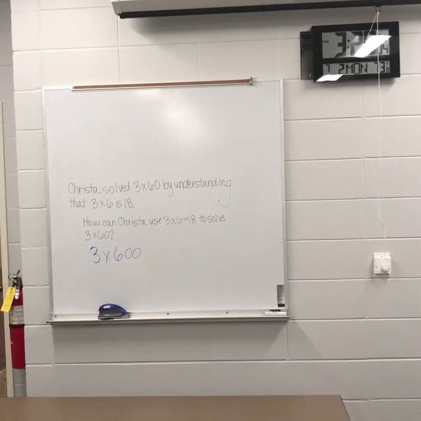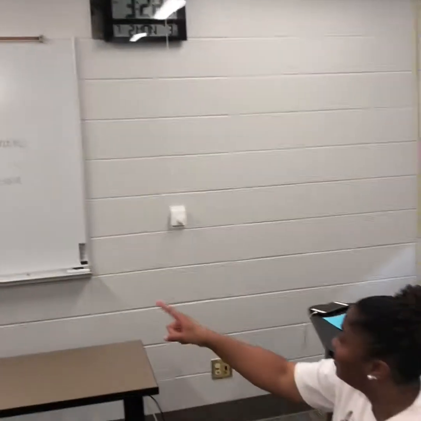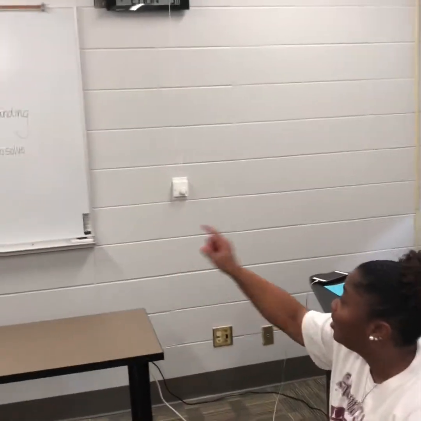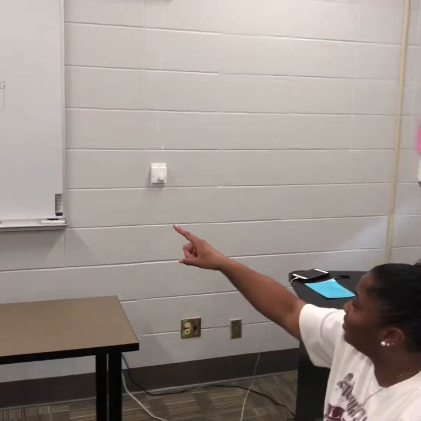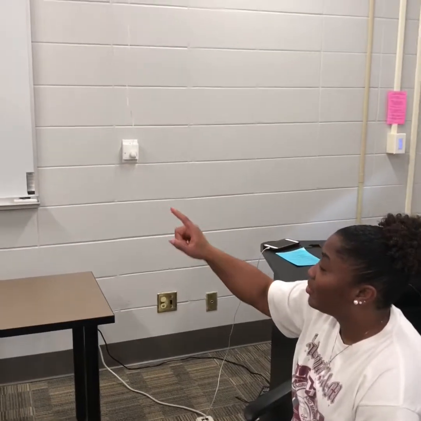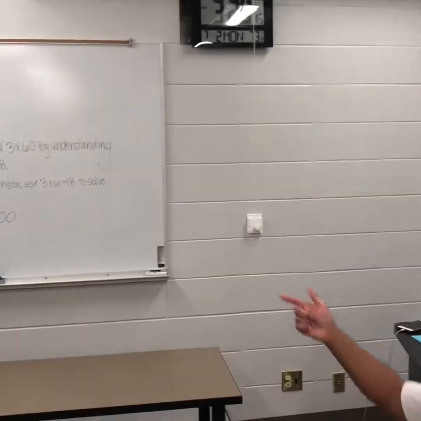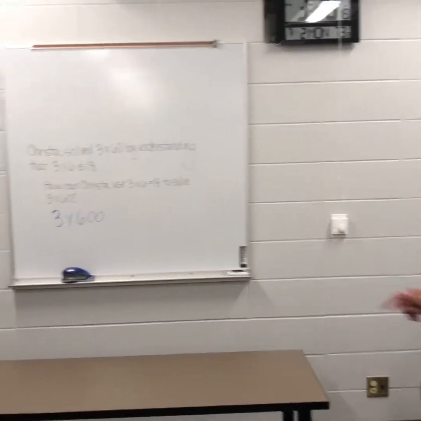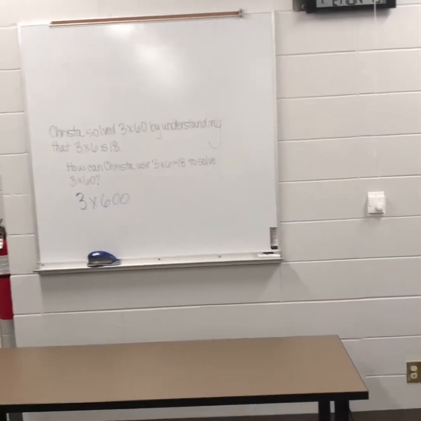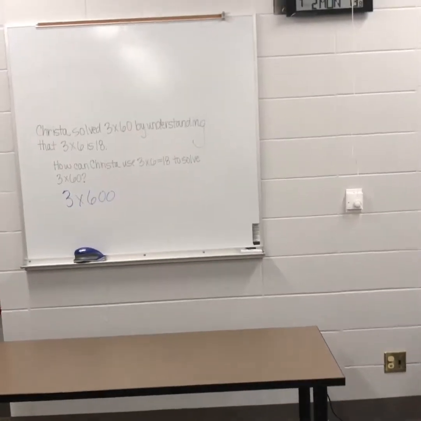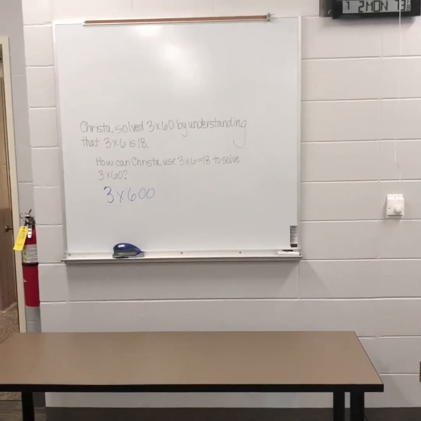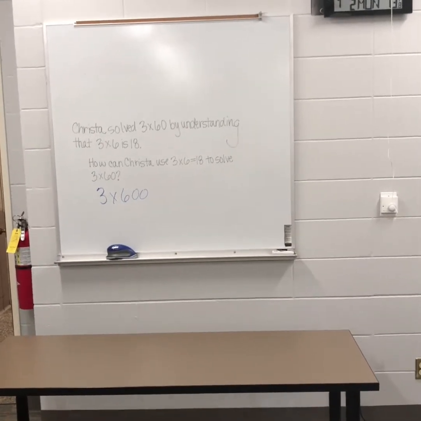And then in this new problem, we are multiplying a single digit number by hundreds. So if 3 times 6 was 18 and 3 times 60 was 180, and I see that we added a 0 to each one, then my assumption would be that 3 times 600 would probably be 1800.